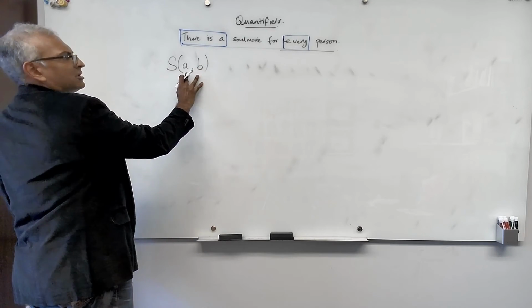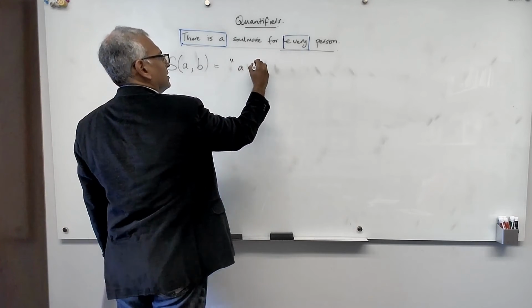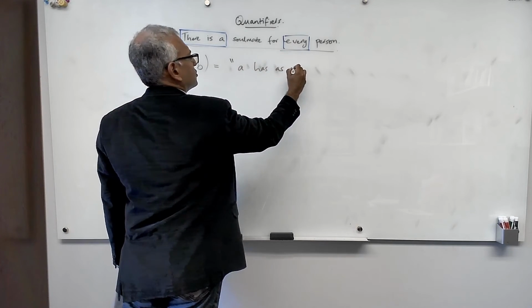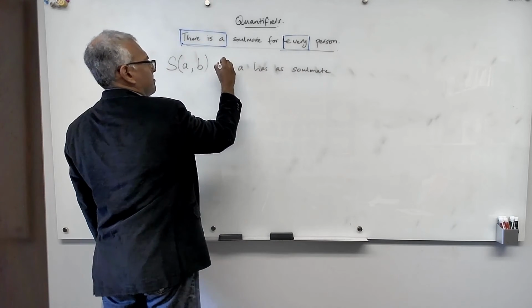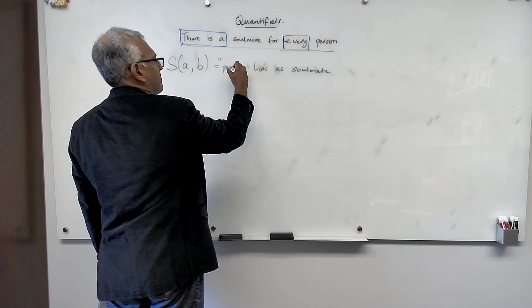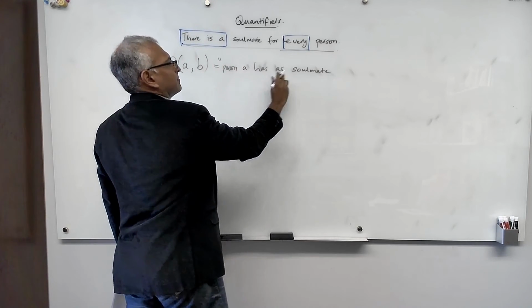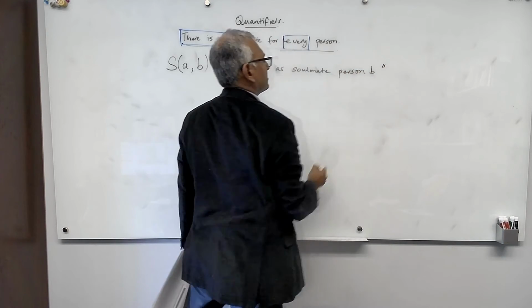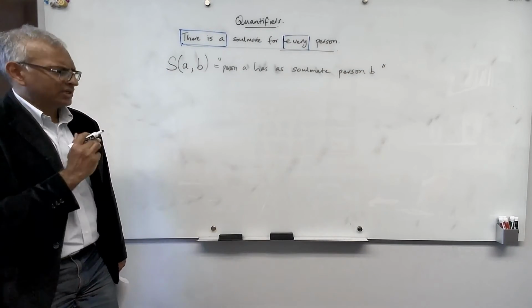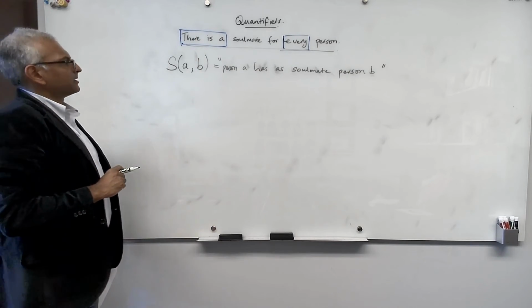And we'll use this to return the statement, person A has as soulmate person B. Basically, it's a very long-winded way of saying B is a soulmate for A.